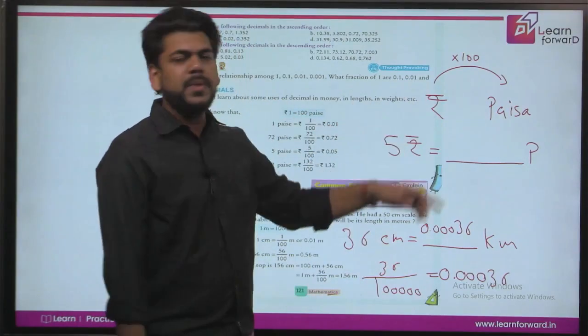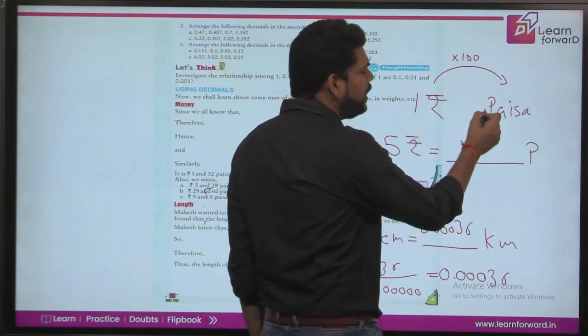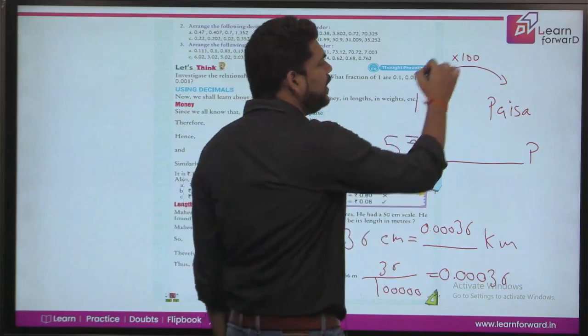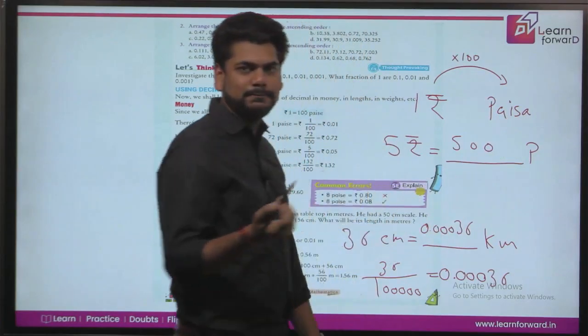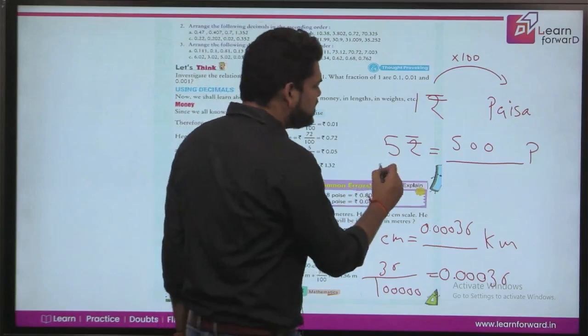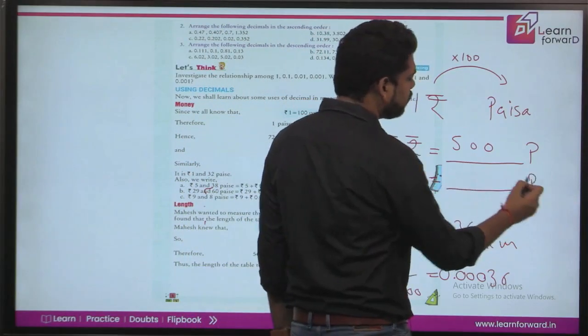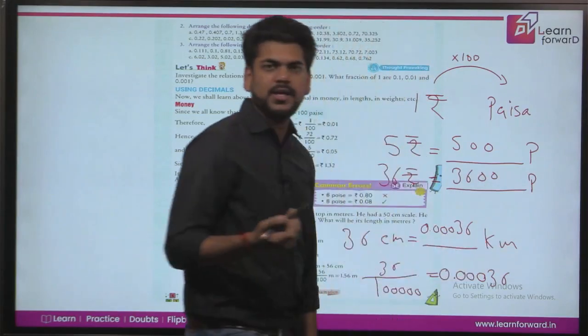Now in rupees paisa we will multiply by 100 because in 1 rupee how many paisa are there? 100. So 5 rupees I will multiply by 100, answer is 500 paisa. Easy. If I say 36 rupees, how many paisa are there? 36 multiplied by 100, 3600 paisa.